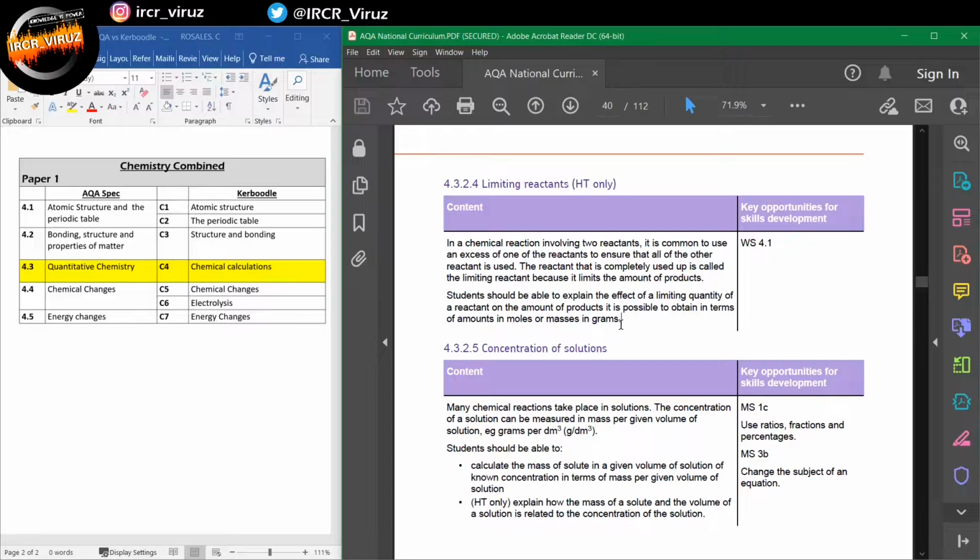Because you don't have any more of that, you can't be producing any more of the products. That essentially is the limiting reactant. So the limited amount of the reactants is what is going to stop more product from being produced. And again, this is only for the higher tier.